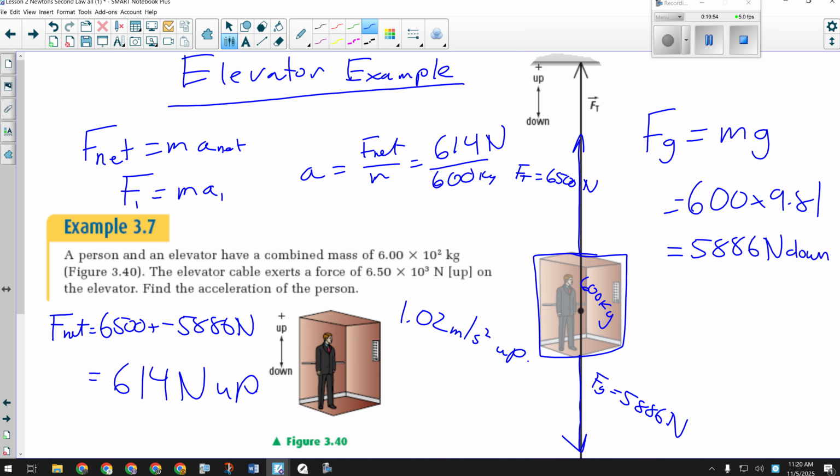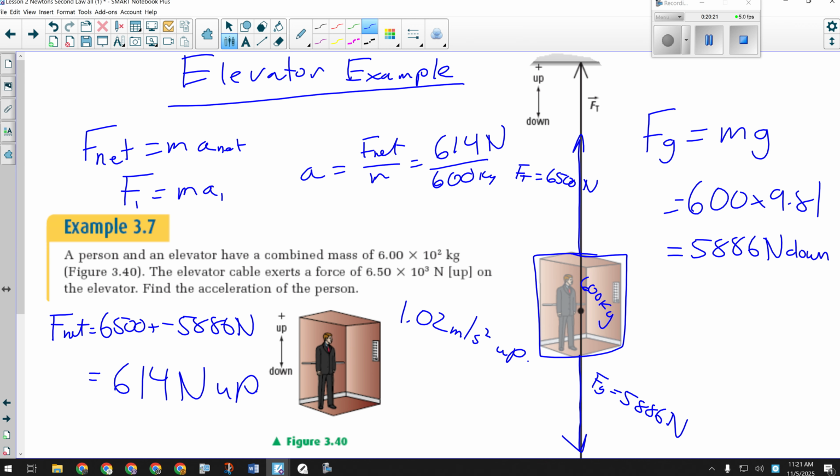Now, if that elevator is going to travel at a constant velocity, this 600 kilogram elevator, how much force does the cable need to exert? The same as gravity. Remember, this is Newton's first law, and we always come back to this.